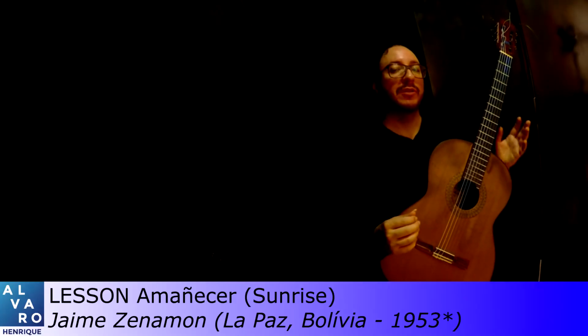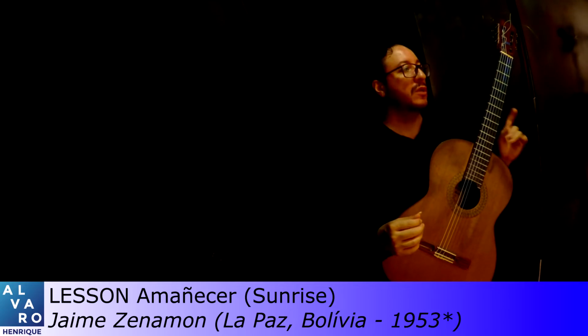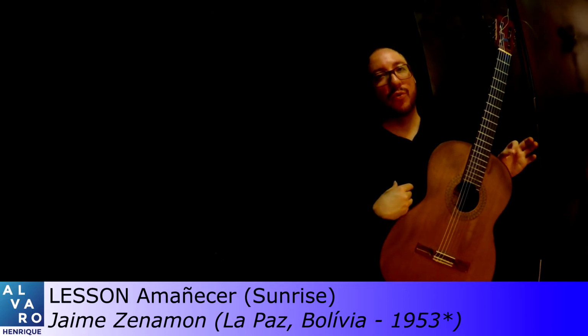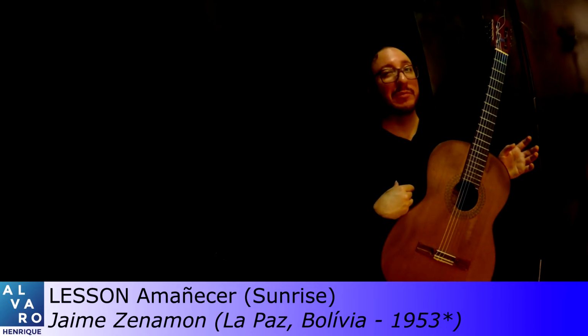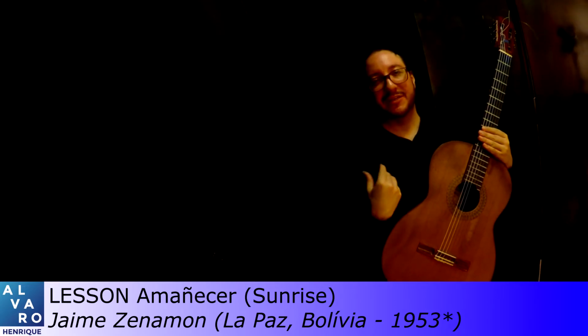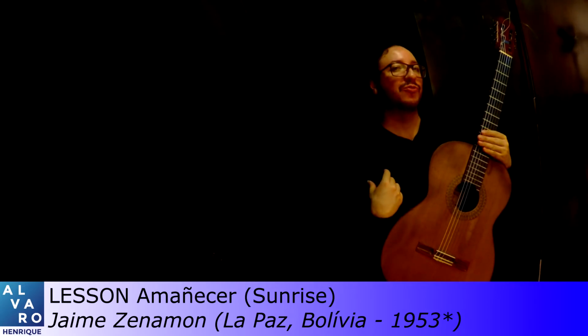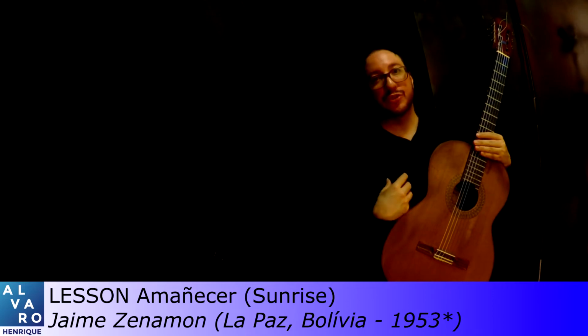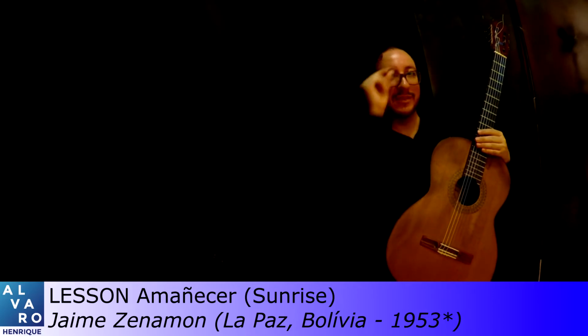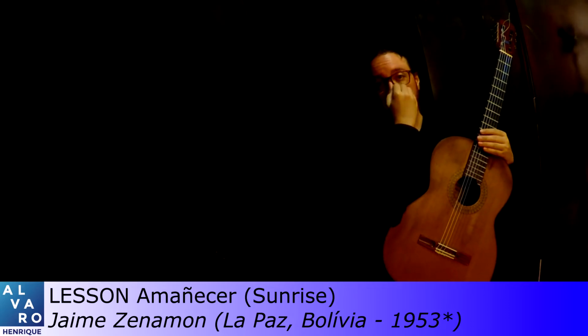We are working on a piece by Jaime Zenamon. On this edition we are using, there was a misprint, or probably they used English font, so it wasn't possible to use this Spanish N with this symbol above.